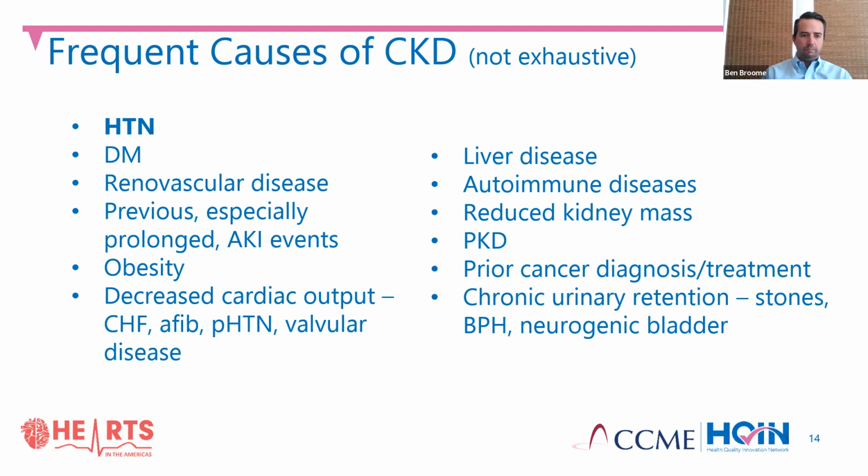It's important to know, do they have other evidence of vascular disease? Coronary artery disease is consistent with progression of CKD because it's the same disease process, just in a different organ. Have they had previous AKI events that were really severe in nature?